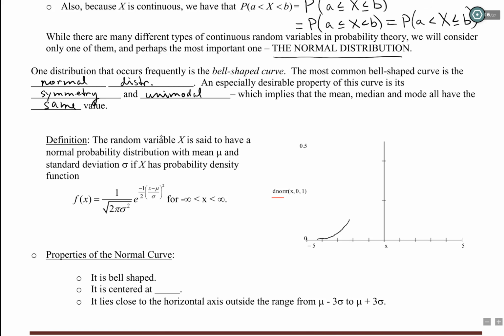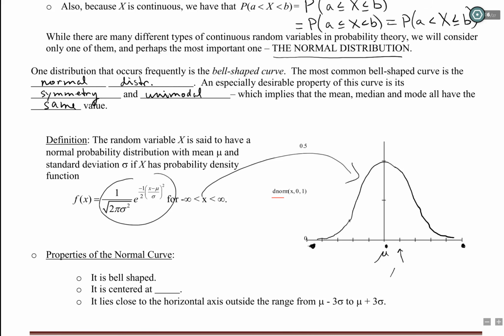There was supposed to be a curve. It didn't quite show up on my screen, so I'm going to draw it in here. But it's bell-shaped. It's centered at mu, the population mean of the distribution.